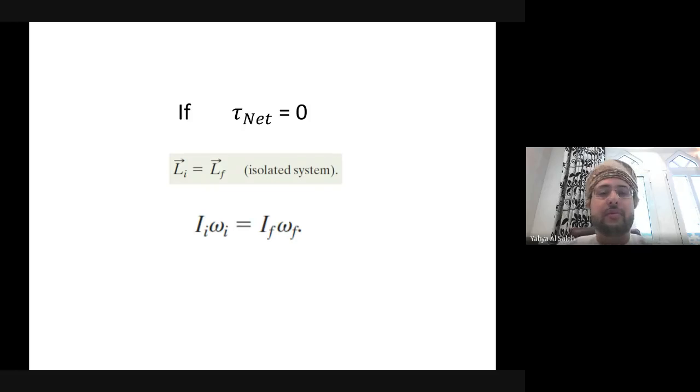So this is the easy way of writing it down. If net torque is equal to 0, Li equals Lf, I omega before equals I omega after.